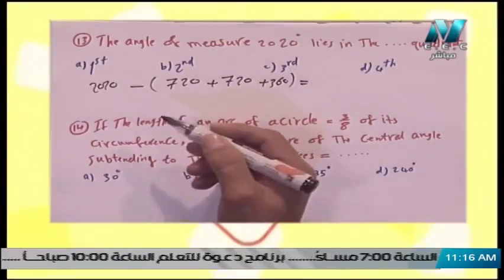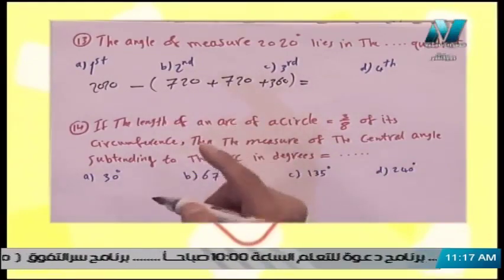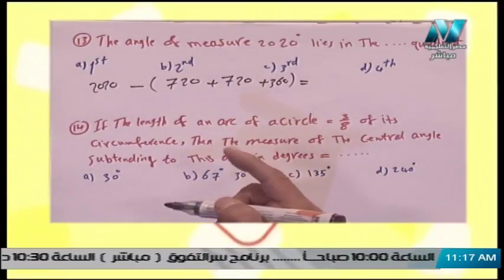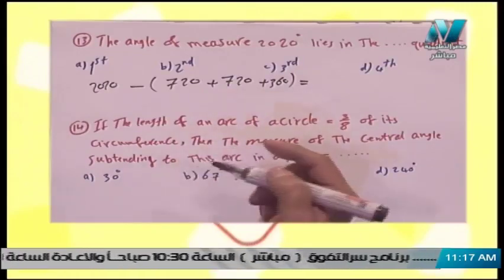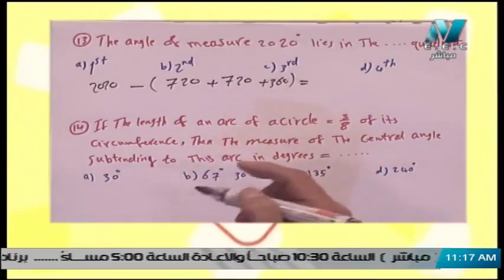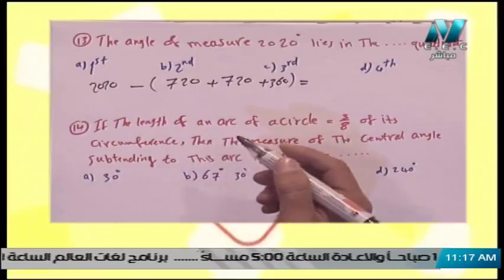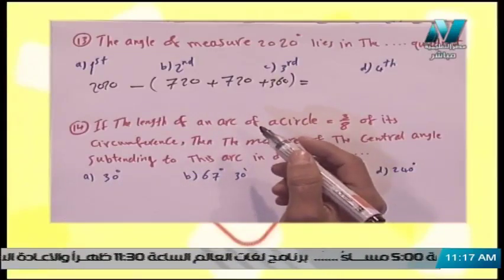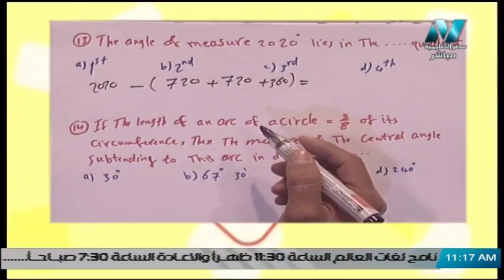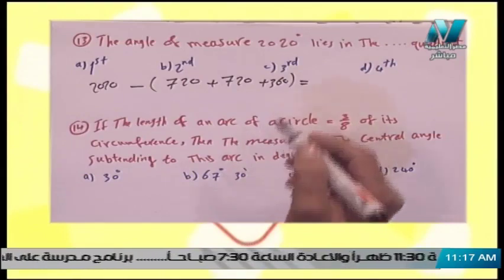You can use your calculator, take minus 360 and also minus 360 and minus 360 to have the smallest positive angle. And in fact, the smallest positive angle will be 220.